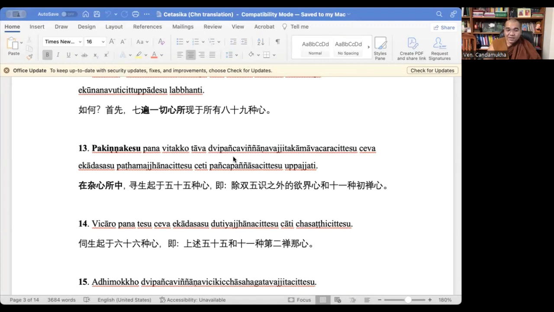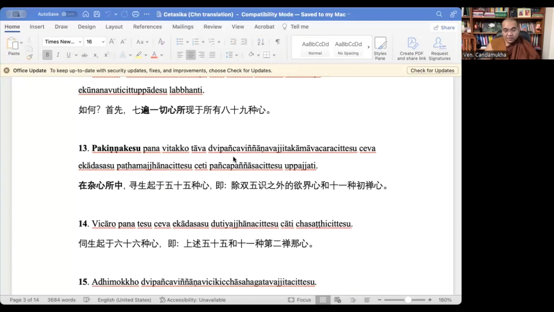For the second jhana, third jhana, fourth jhana, and also fifth jhana, Vitakka is abandoned by means of spiritual development. Because Vitakka becomes an obstacle to attaining the second jhana and so on, it is purposely removed, purposely eradicated, so excluded.